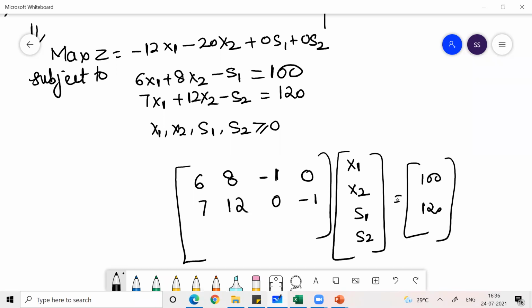You know this equation. Now what we will do, we'll create an iteration table and we'll try to solve this equation.